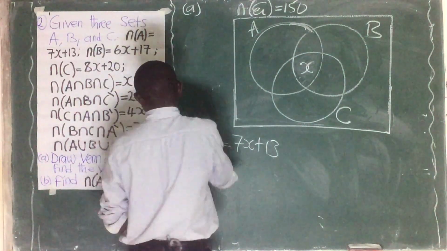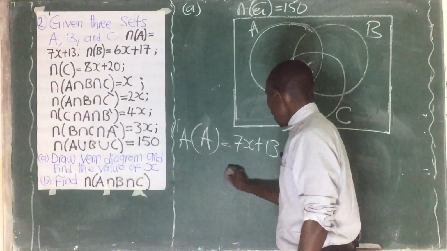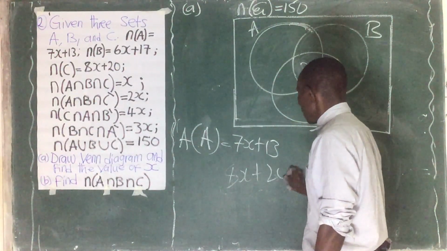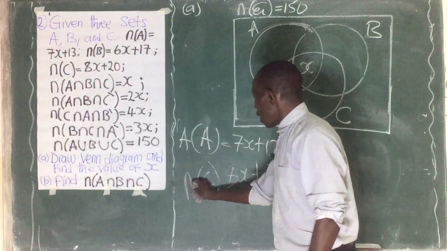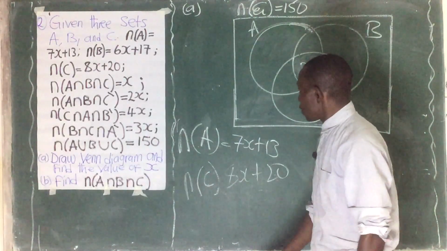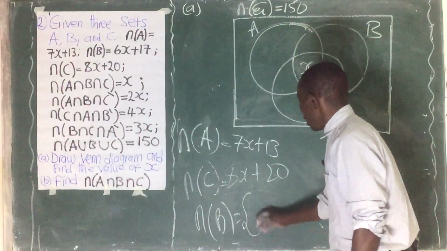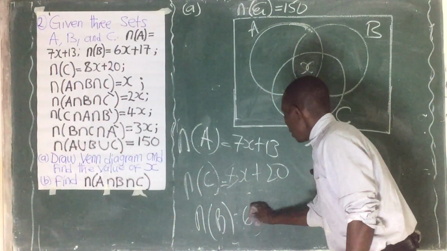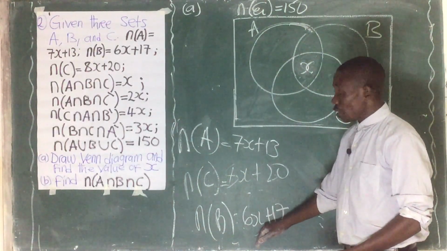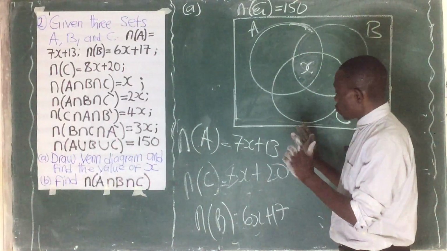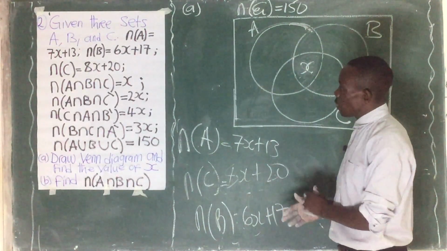And the number of elements in C, the whole of that one, is represented by 8x plus 20. And the number of elements in B is represented by 6x plus 17. So let's consider these expressions as real numbers themselves, representing the total number in those particular sets. Let's put that one aside.